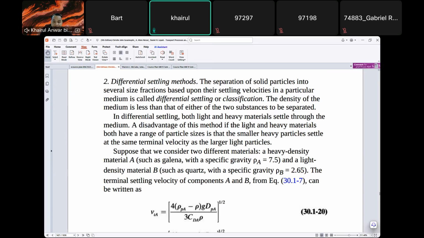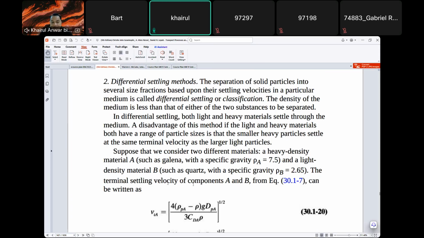A disadvantage of this method: if the light and heavy materials both have a range of particle sizes, smaller heavy particles settle at the same terminal velocity as larger light particles. Suppose we consider two different materials, a heavy density material such as galena and a light density material such as quartz, or silica.